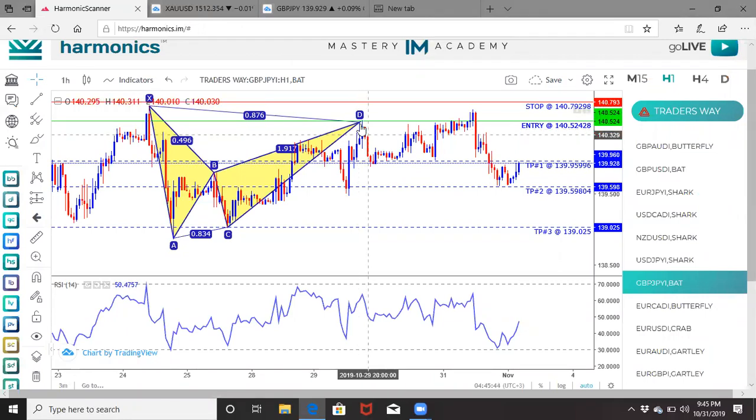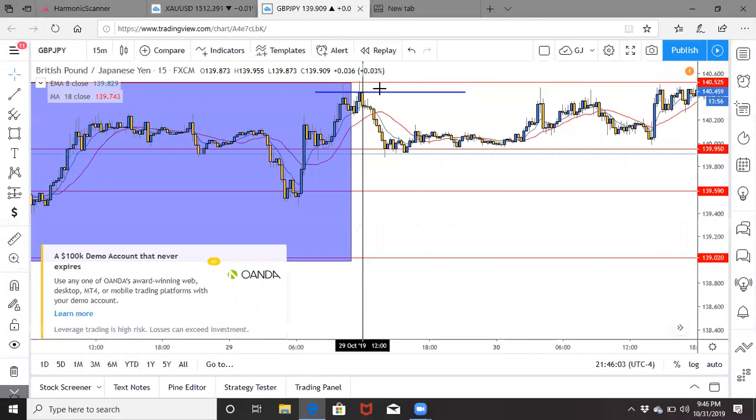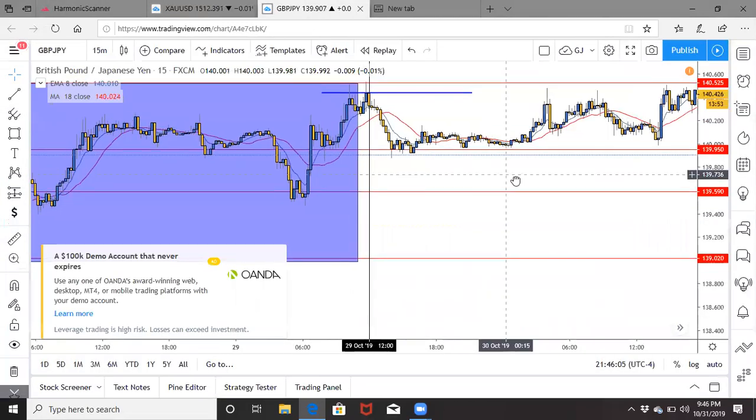So we follow the scanner. We see it came down to hit take profit 1. But then it retraced back up. Made a full retrace to the entry point. Why is that? Why did that happen? Let's go back down to the M15. This is an H1 scan.